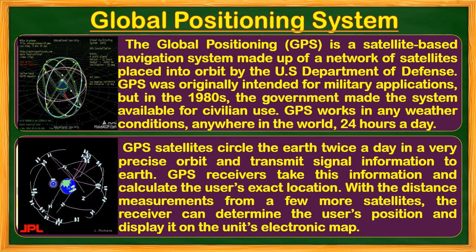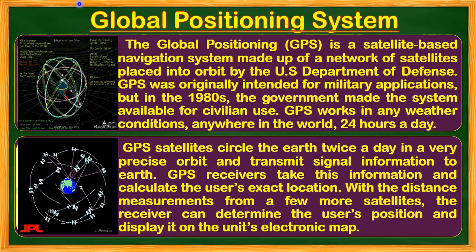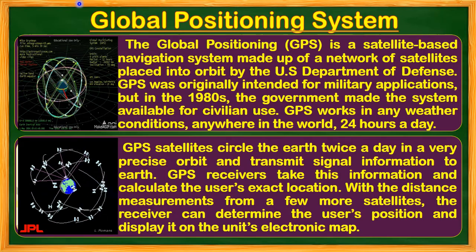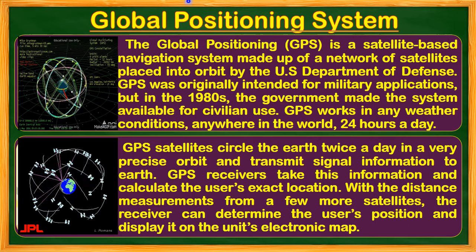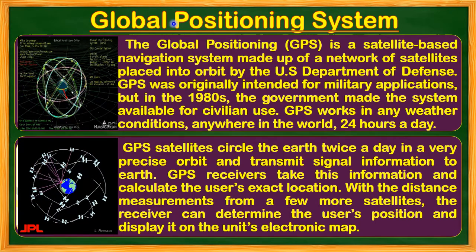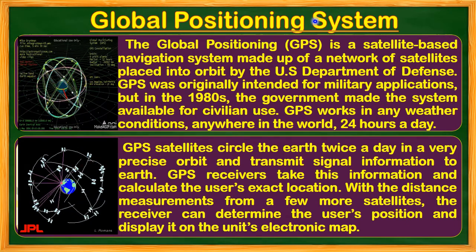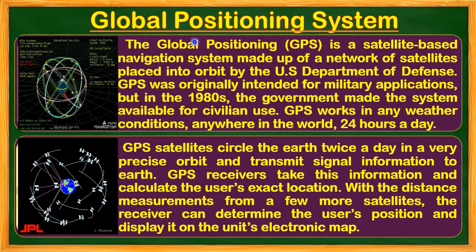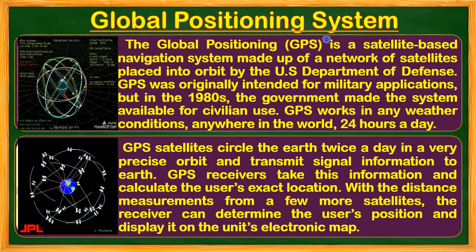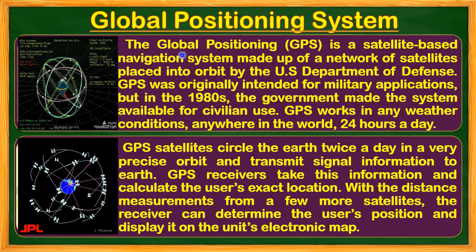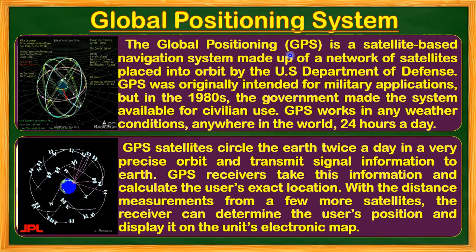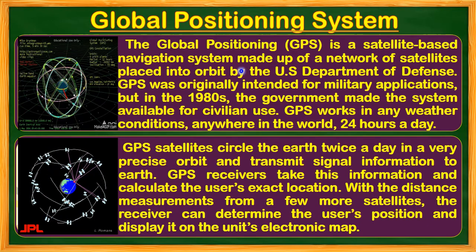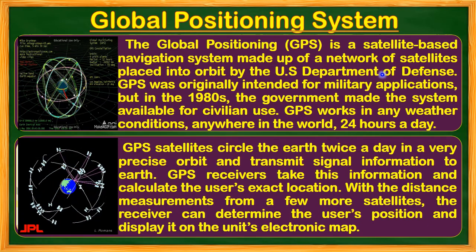So class, let us continue with our second topic for this discussion of week 3, which is the Global Positioning System, or as we all know it, GPS. What is GPS? The Global Positioning System is a satellite-based navigation system made up of a network of satellites placed into orbit by the U.S. Department of Defense.